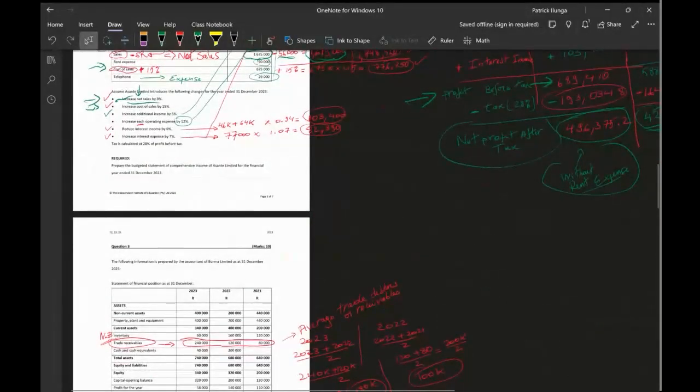People did quite well. I did explain even how you look at the reduced interest income. They gave you the reduced interest income of 6% and an increased interest expense of 7%. So if somebody is not understanding this, I don't know what to do, because 100% is like 1. This is simple calculus.